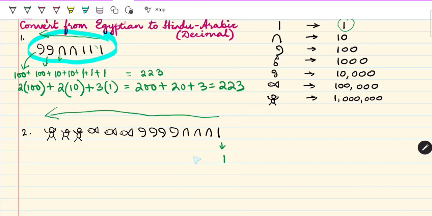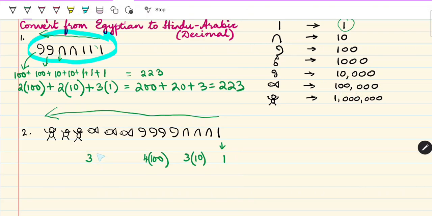3 times 10. And then we have 4 coils, correct? Each of these has a value of 100, right? Coil 100. So 4 of them. So 4 times 100. And then we have 3 tadpoles. So each tadpole has value of 100,000.